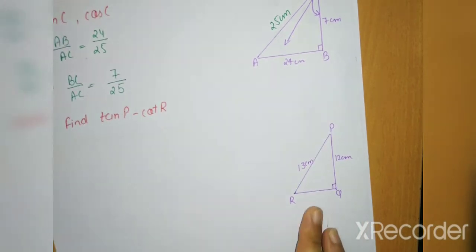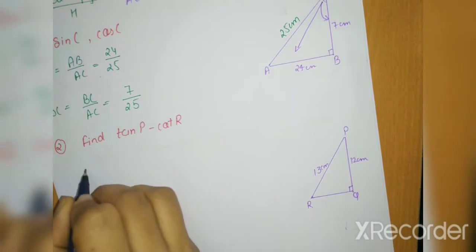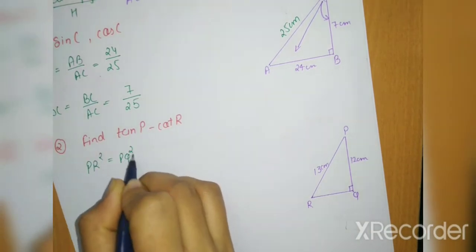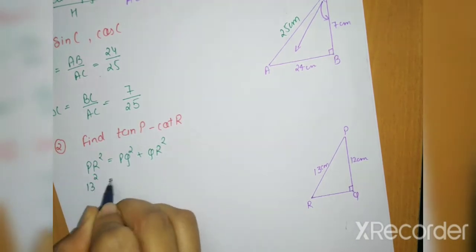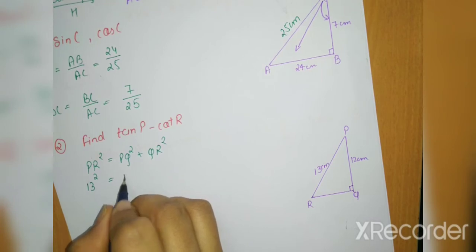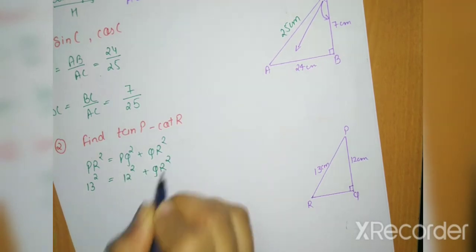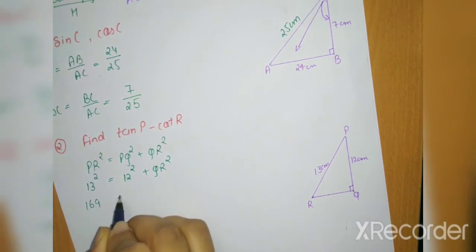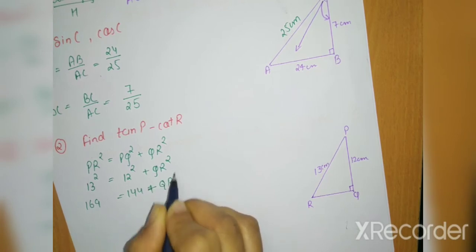So again we'll apply Pythagoras theorem. I can write PR square is equal to PQ square plus QR square. That is 13 square is equal to 12 square plus QR square. 13 square is 169, and 12 square is 144 plus QR square.